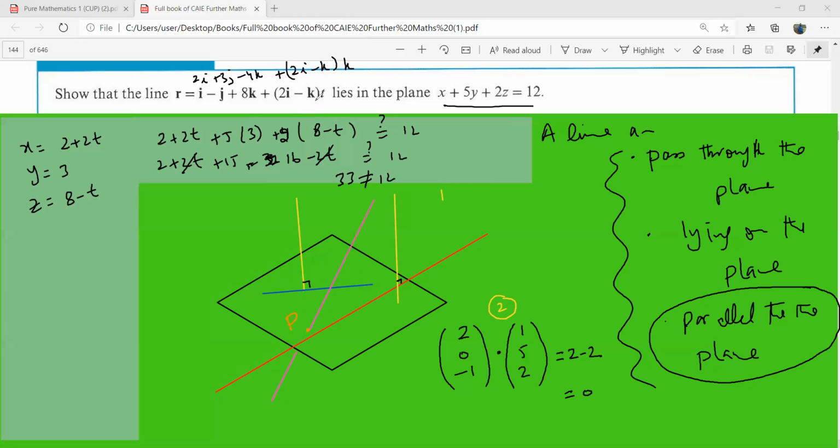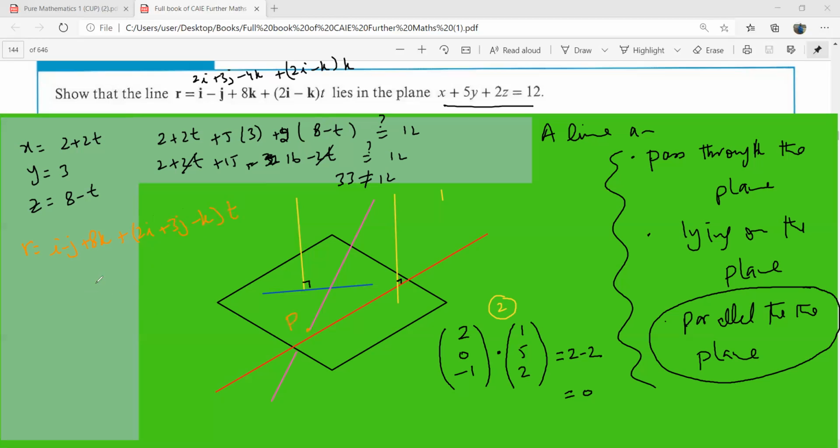We will still have the variable, lambda or something. This t will not be eliminated, and you will get, in fact, a value of t. Now, suppose this r is, let's say, i minus j plus 8k, and then you have 2i plus 3j minus k times t.